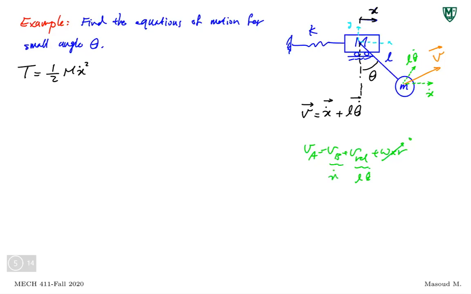A is the pendulum mass there, and B is where my coordinate frame is located, attached to the cart. This is B, and then this is A. This is a little bit of dynamics; hopefully you remember the relative velocity.